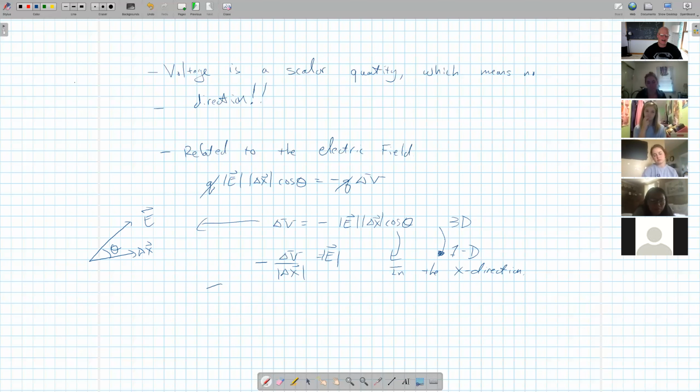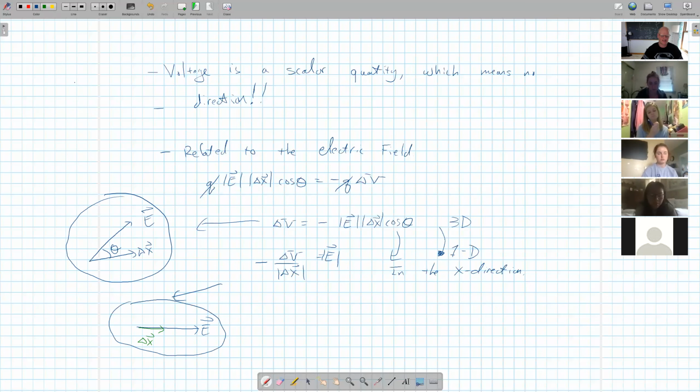Now, what I'm saying in this line is that I'm looking at the point where the electric field is this way, but my direction of change is also in the same direction as the electric field. So basically, I'm going from a 3-dimensional sense like this down to a 1-dimensional sense and restricting myself to go in the same direction as the electric field.